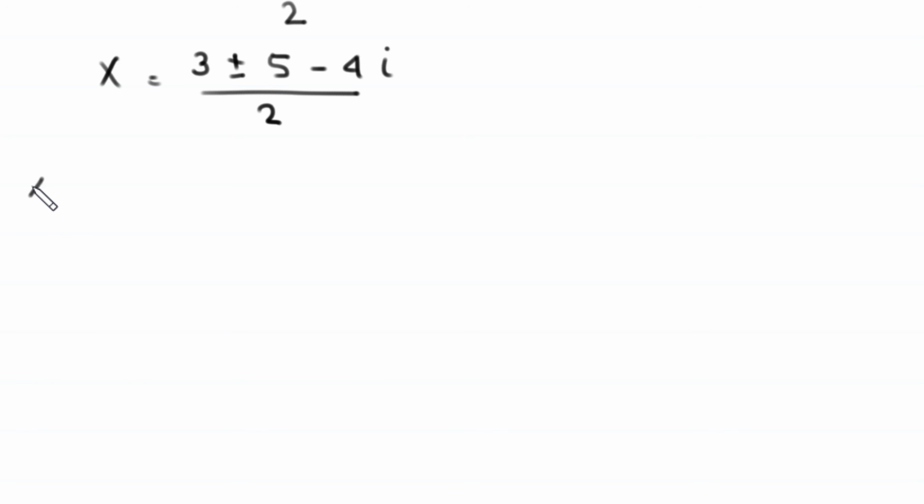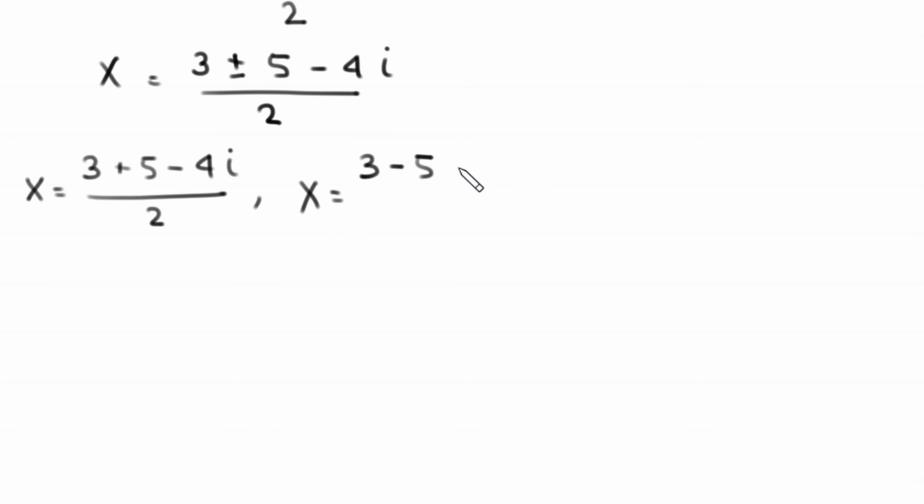It means that x is equal to (3 plus (5 minus 4i)) divided by 2, and x is equal to (3 minus (5 minus 4i)) divided by 2. Further simplify, this will become x is equal to (8 minus 4i) divided by 2.